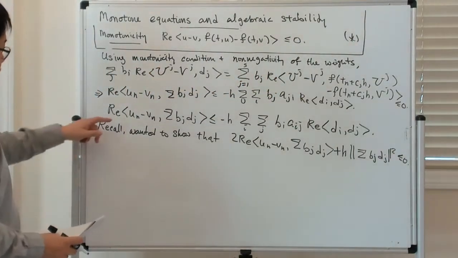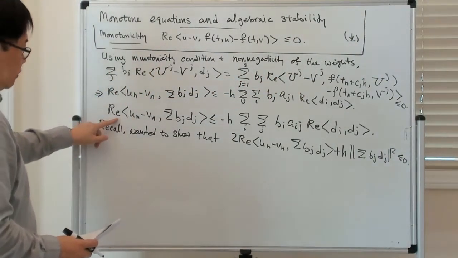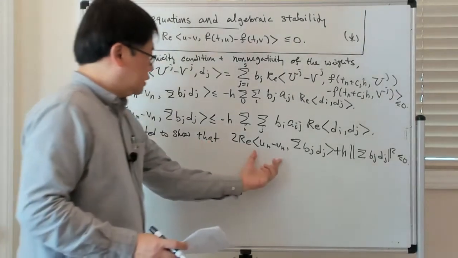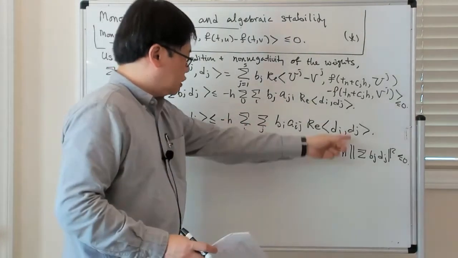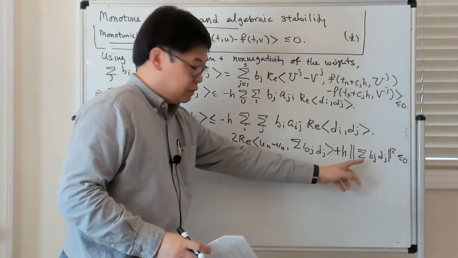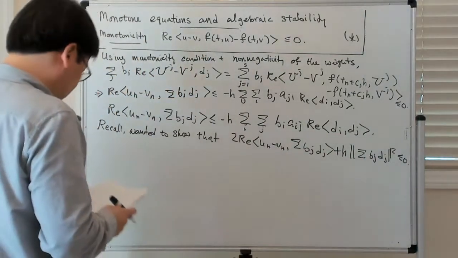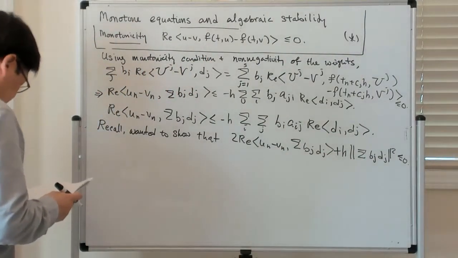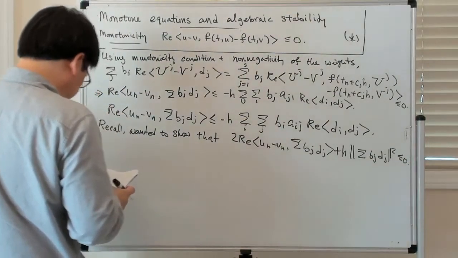All right, and we have a relationship involving this piece, in terms of this other thing, which is going to be easier to compare to this. All right, so that's where we're going.